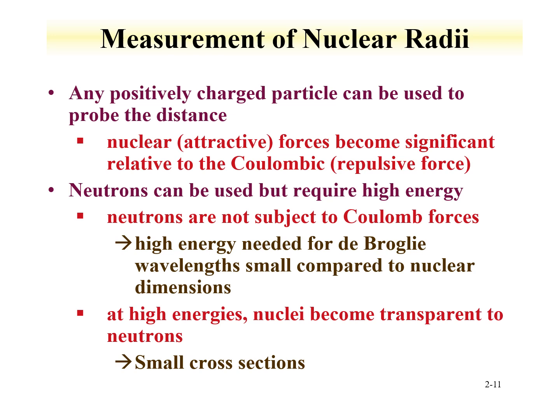Neutrons can be used, but they're going to require higher energies because they're not subject to Coulombic forces. The high energies are needed for the de Broglie wavelength, so the wavelength that the neutron takes as it's traveling needs to be small compared to nuclear dimensions. And the problem with using neutrons is the higher the energy of the neutron, the less probable the interaction that neutron is going to have with the nucleus.